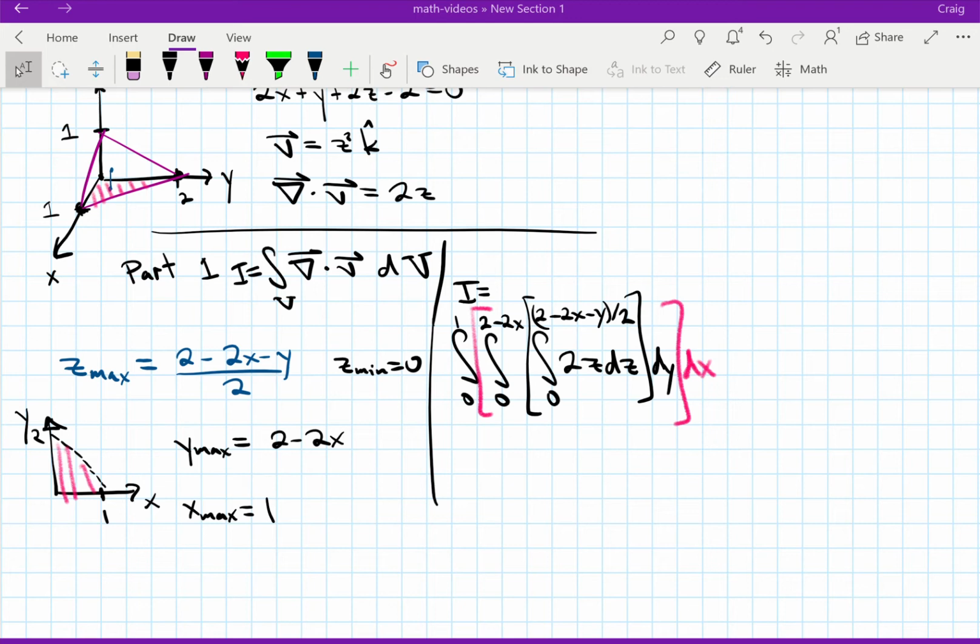And so I can do the inner integral, and I'm going to integrate 2 times z, and I'm integrating from z equals 0 up to z equals (2 minus 2x minus y) all divided by 2. That's my upper limit of integration.